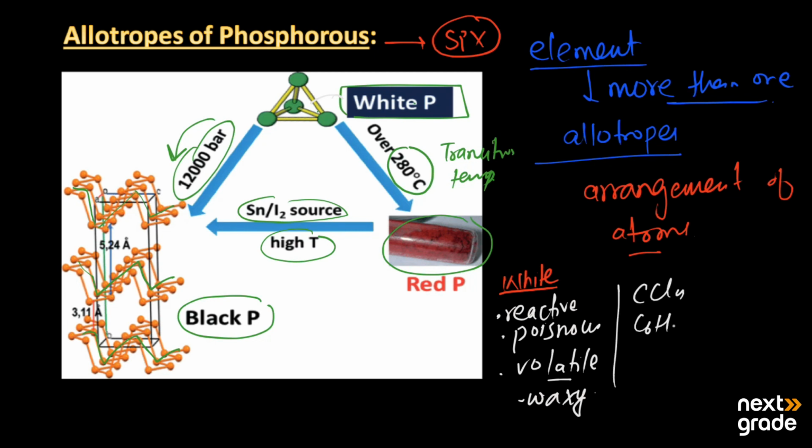It is soluble in benzene, but insoluble in water. Basically, white phosphorus exists as a tetraatomic molecule, always as the P4 molecule, with a tetrahedral structure having four corners. And the temperature at which it boils is 280 degrees Celsius. After this temperature, it is converted into red phosphorus, which upon dissociation at 700 degrees Celsius is converted into black phosphorus.